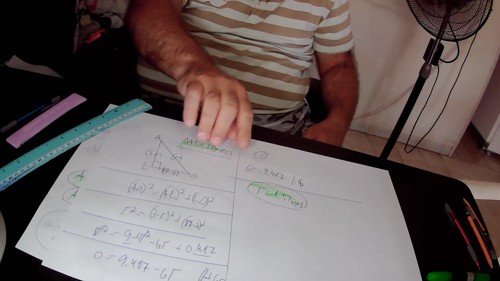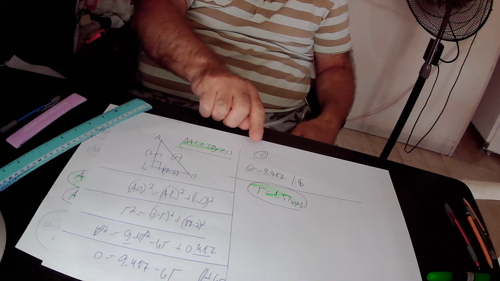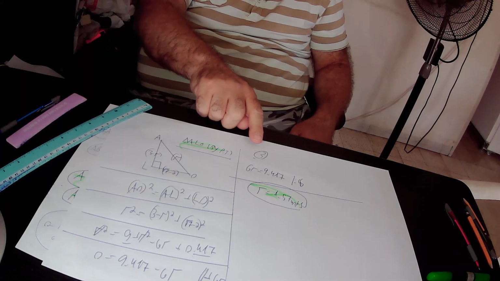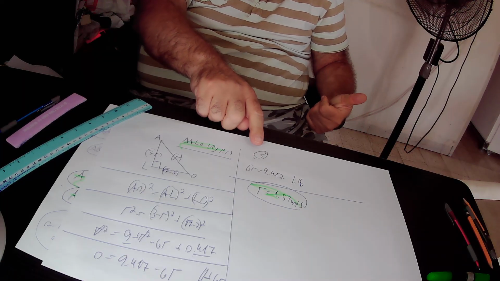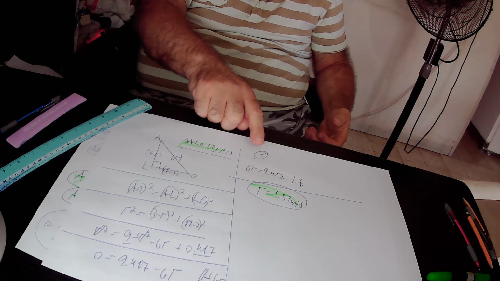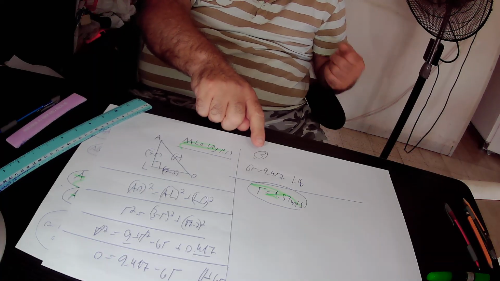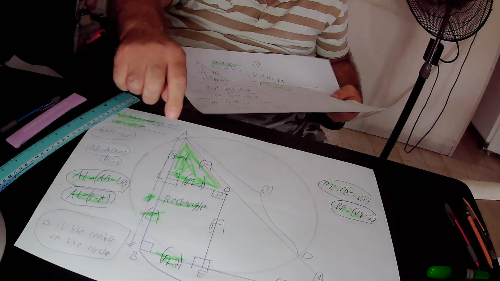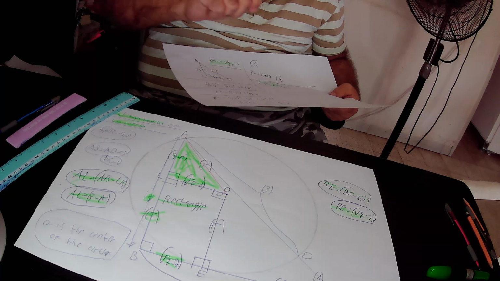We find that 6R equals 9.417. Here we divided this equation by 6, and we find that R, the unknown we are looking for, is equal to 9.417 over 6, that is 1.57 units. So the radius R of this circle is equal to 1.57 units in its length.